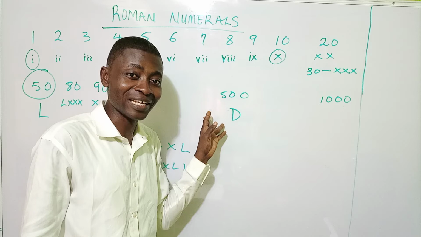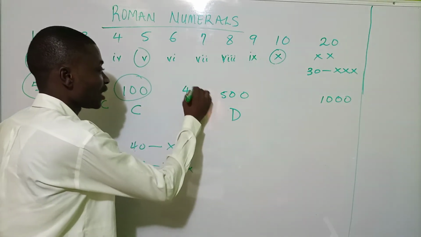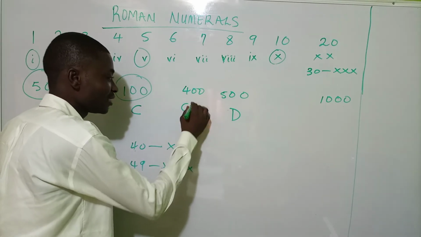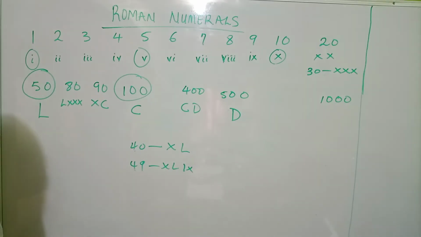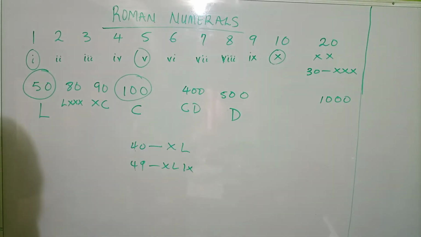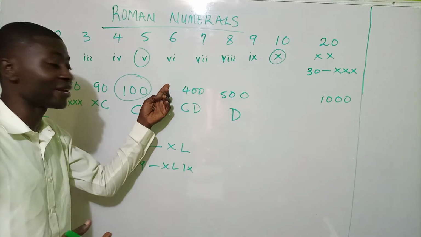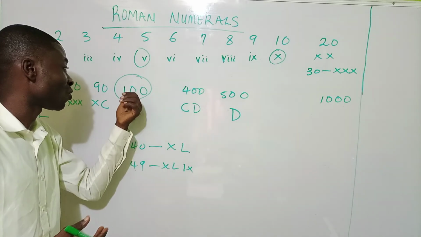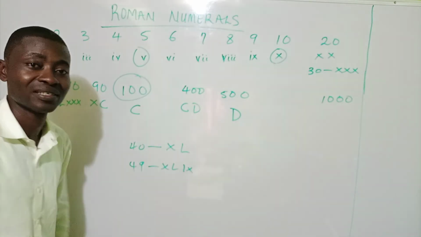I know you'll be saying 500 minus 100. You are right if that is what you are saying. So 400 will be CD, meaning 500 minus 100, which gives us 400. And again, following the same rule, if you want to get 300, 300 is going to be 100 in 3 places. That is CCC.